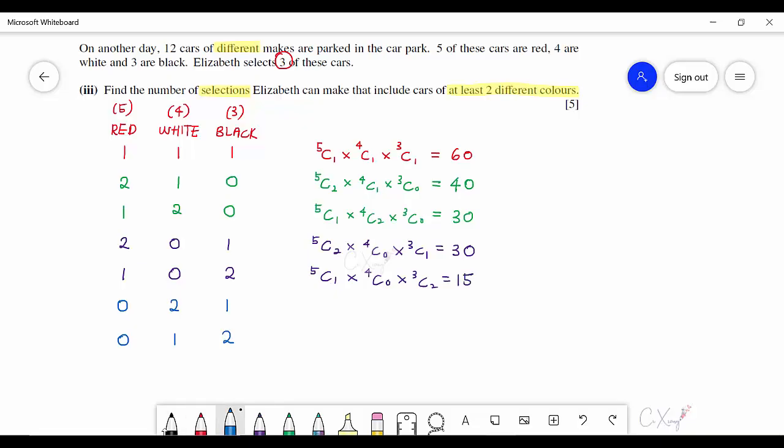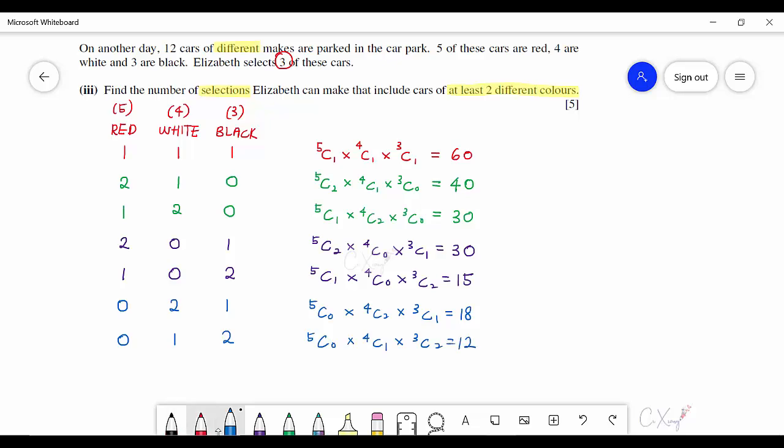Then the next one, 5C0, 4C2, 3C1, which is 18. And then 5C0, 4C1, 3C2, and I have 12.